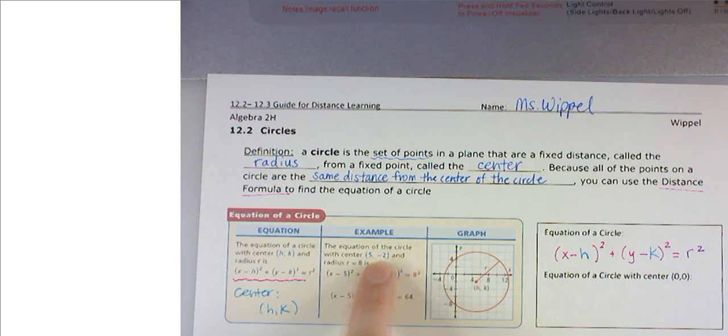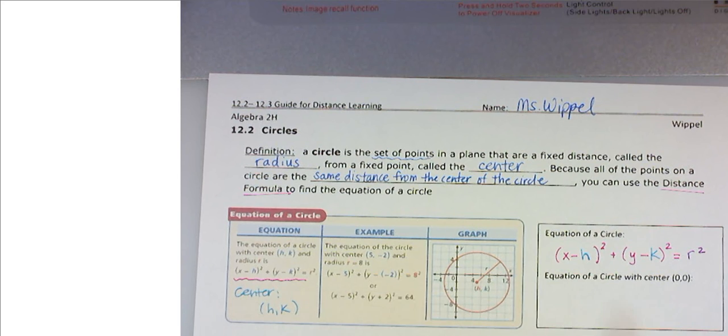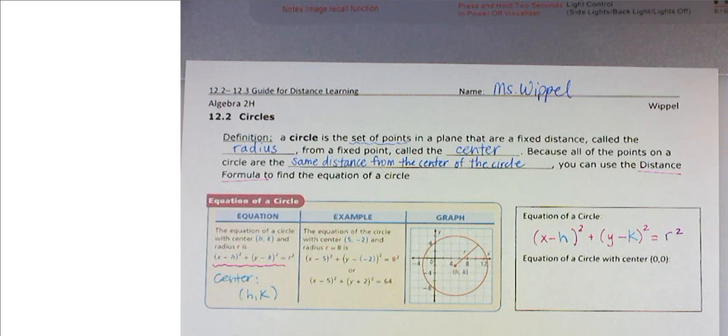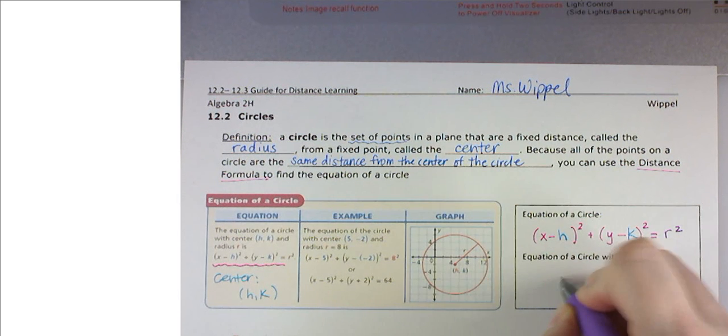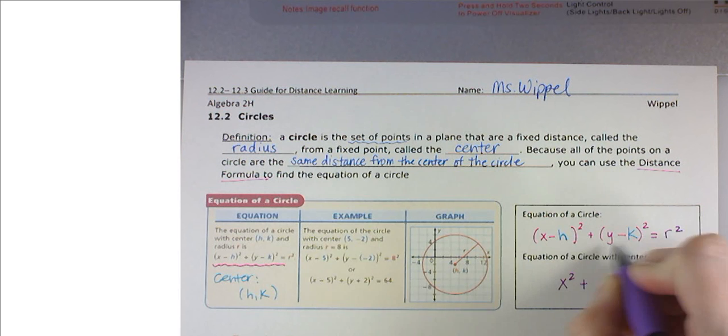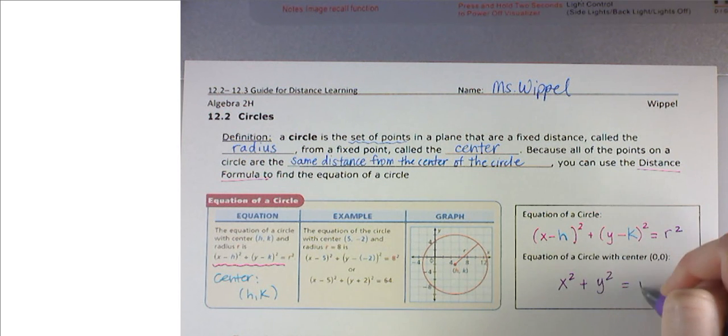So if it's a positive, you'll see x minus 5. If it's a negative, you're doing minus a negative, which ends up being plus when you simplify. And then 8 squared would be 64. Now, if the center is (0, 0), x minus 0 is just going to be x. So this would be x squared. Same thing would happen here. Y minus 0 is y, so this would be y squared. And then it would still equal r squared.